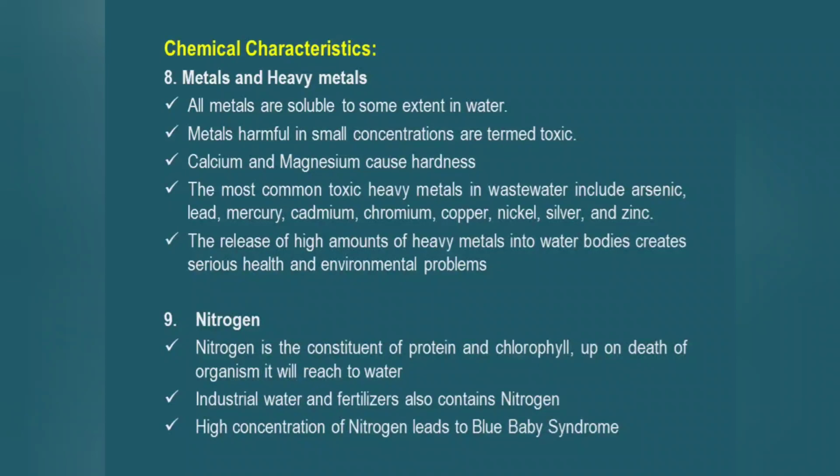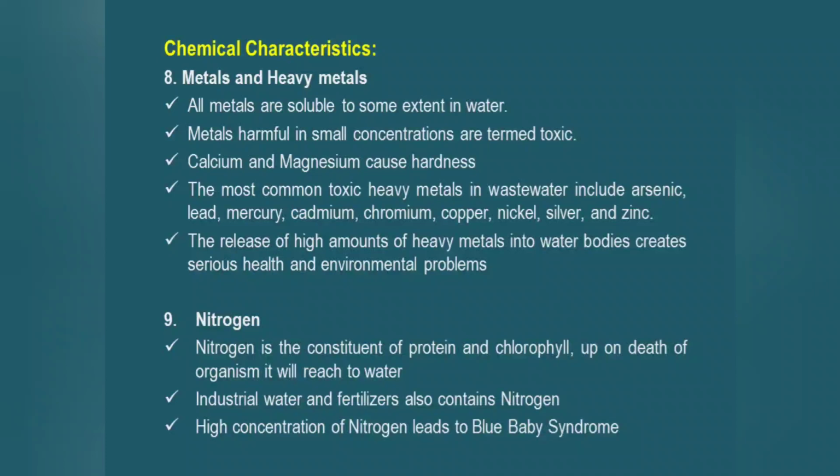Next is metals and heavy metals. Normally all metals are soluble to some extent in water, and some metals are harmful in small concentration, and they are termed toxic metals.